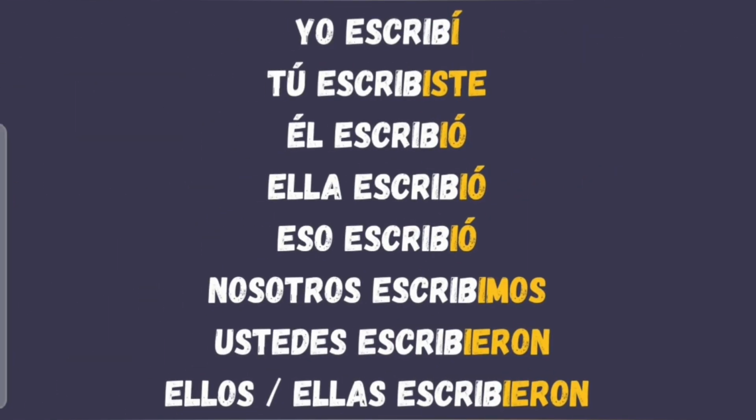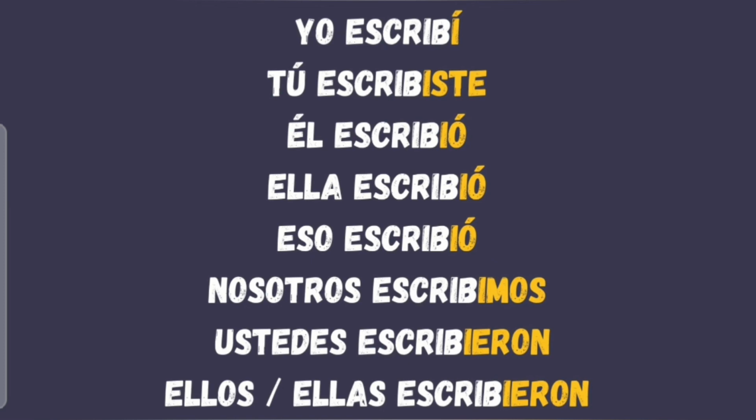So the conjugation will be yo escribí. It's ending with I with an accent, okay? Tú escribiste, the ending is iste. Él escribió. You have to end it with ió with an accent on the letter O. Él escribió. Ella escribió. Okay?